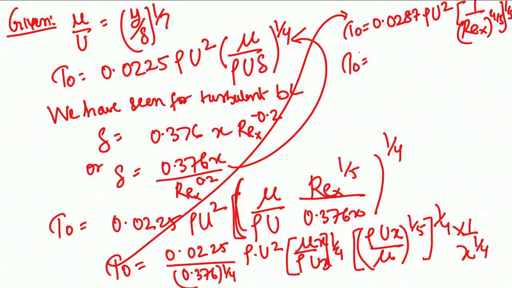Tau naught is equal to 0.0287 rho capital U square divided by Re to the power x into 1 by 5.